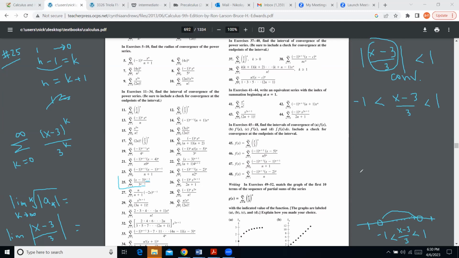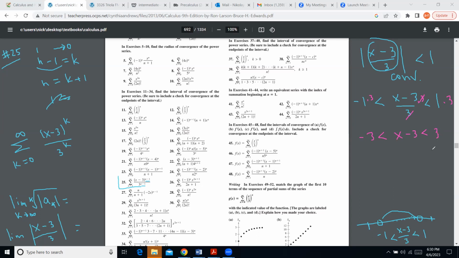So it looks like now I'm gonna triple all 3 sides of this inequality. So little by little we're solving this. There's no denominator, right? So we're in between minus 3 and plus 3.